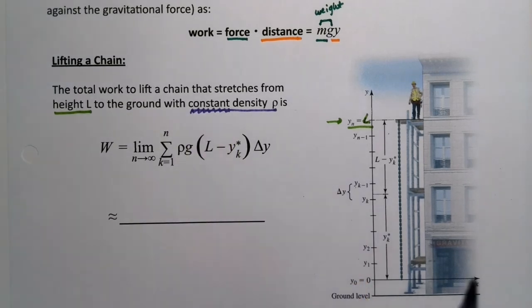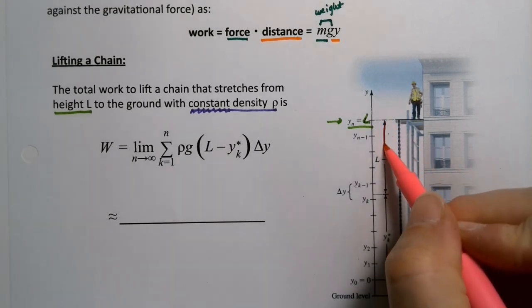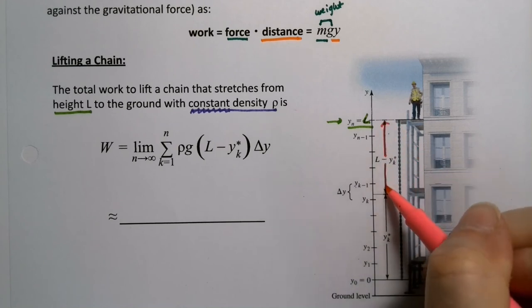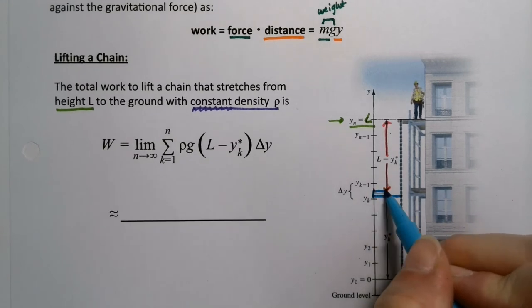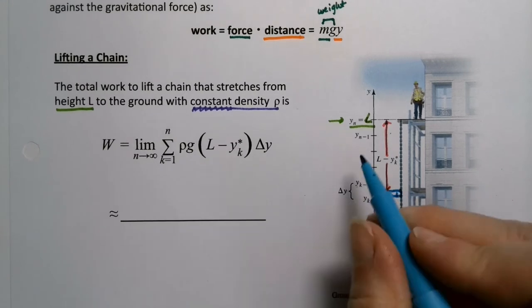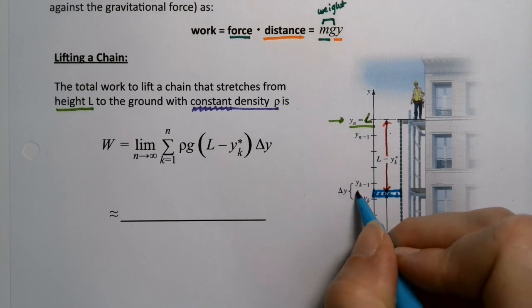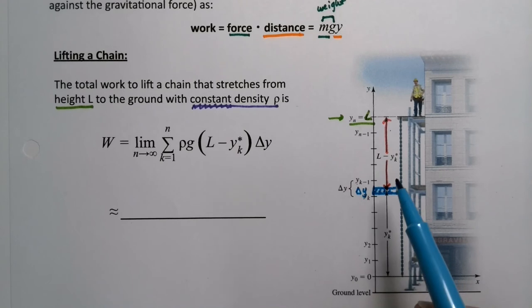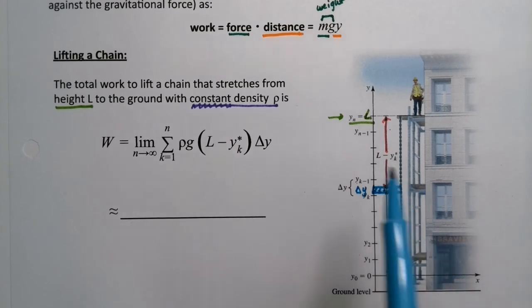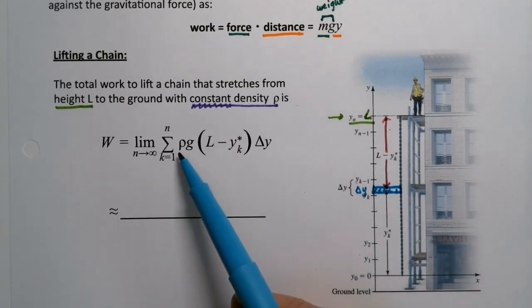And then what we'll do is we'll take little sections. So you'll have L minus y, let's say right here, L minus y. And then you're taking little sections dy, which is right here. I'm going to go that small. All right, so I have my delta y, and I have rho, which is my density, times gravity, which is g.